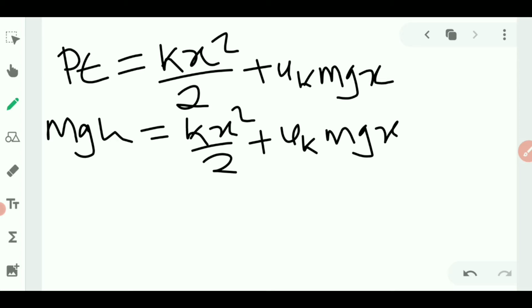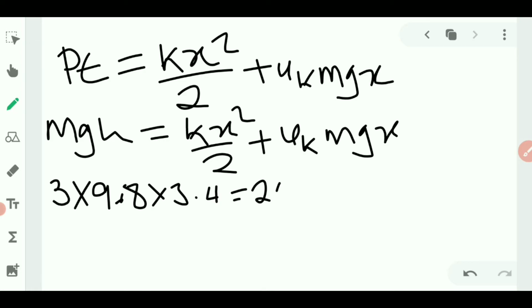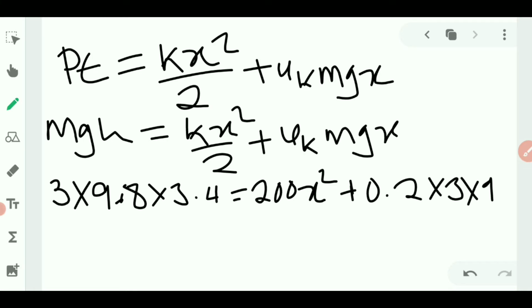mgx. Replacing in the values given, we have 3 times 9.8 times 3.4, which is equal to, you should have 200 here when you divide the 2 into 400, x squared plus the mu given there, coefficient of friction is 0.2, multiply that by 3, which is the mass, and 9.8, and our x.